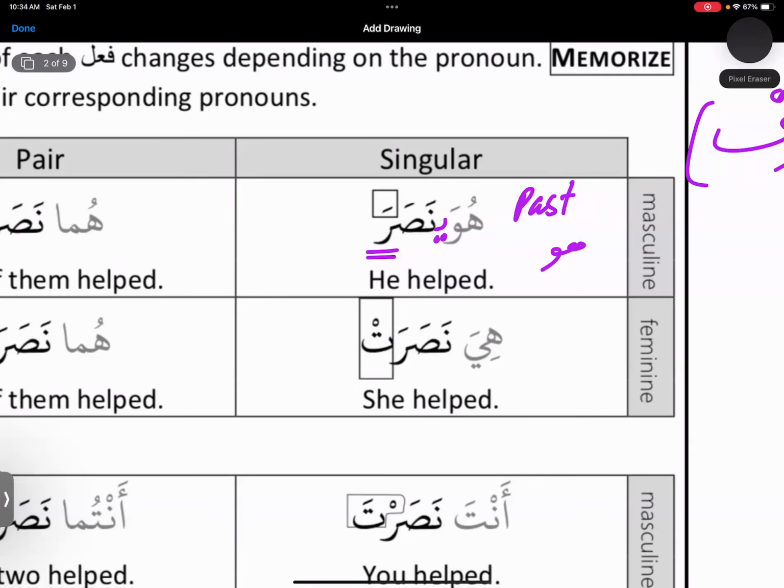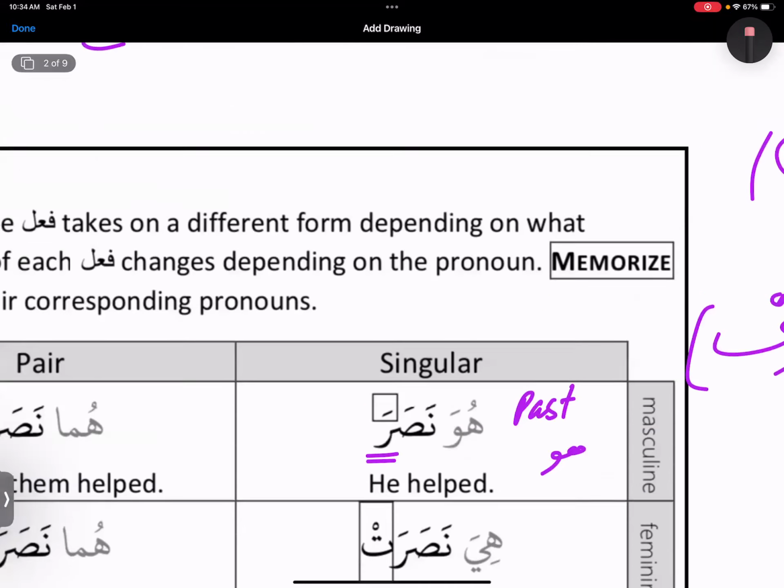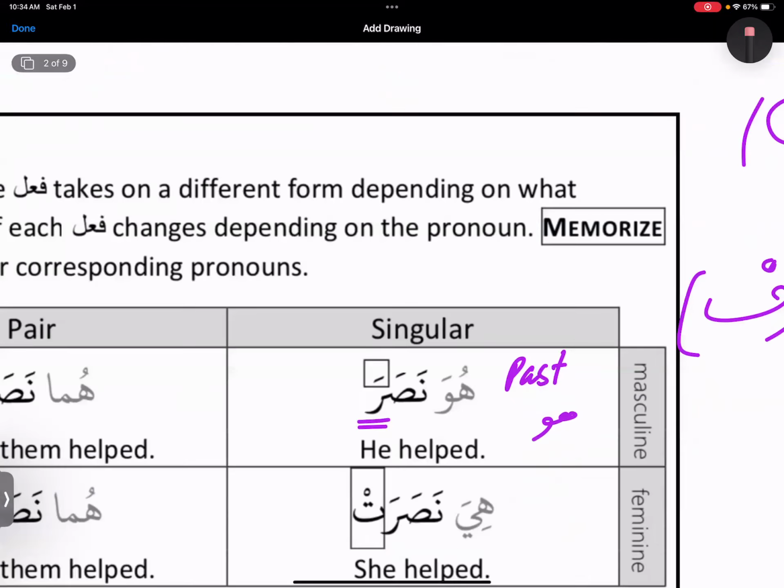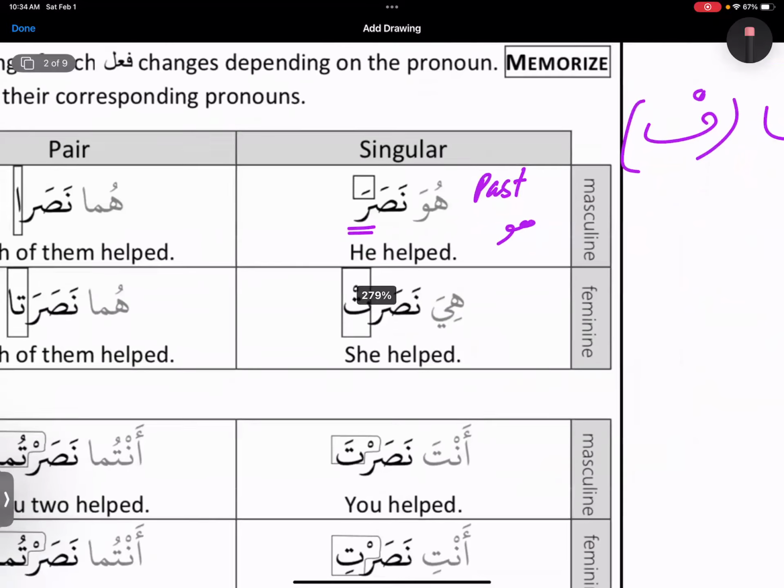So if we do not see any of these signs of Mudariya, then our mind should go to Madi. And then to make sure that you are on that track, you are going to look at the last letter's haraka. If your last letter's haraka is fatha, then most likely it is Madi, and huwa is the pronoun in it, right? This is the clue.